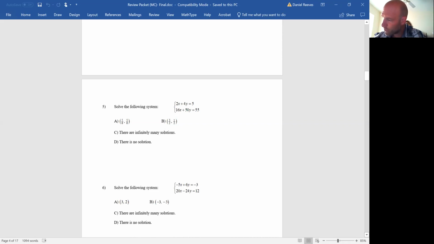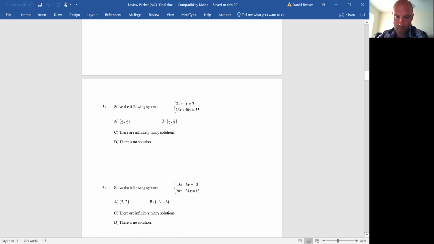And I'm going to subtract the first one from the second one. So I end up with 18y equals 15, and y equals 15 over 18, better known as 5 over 6. I see A, 5. The answer is A.